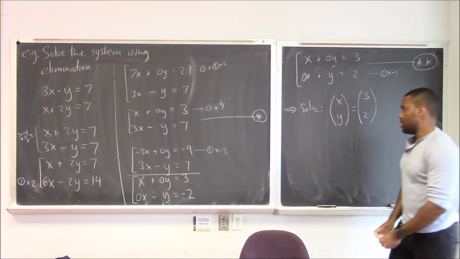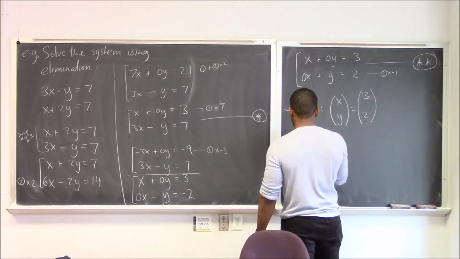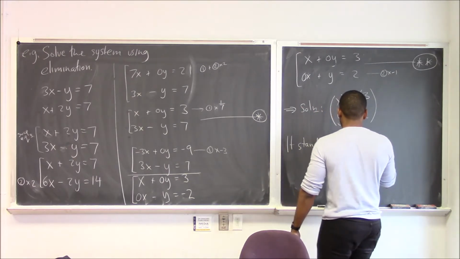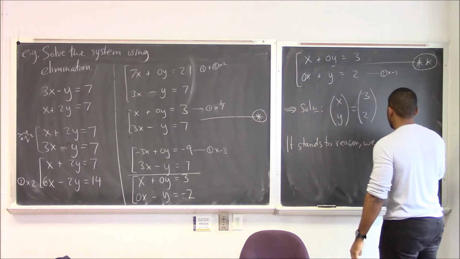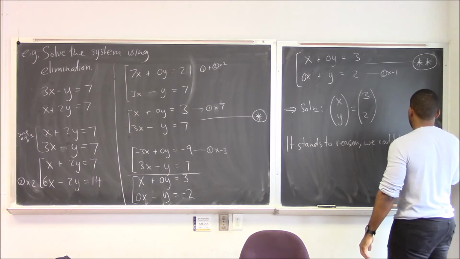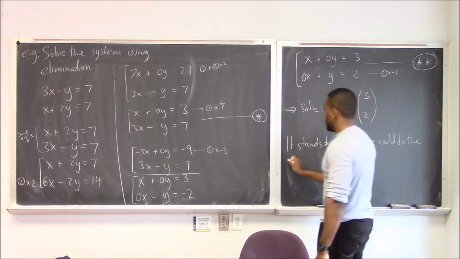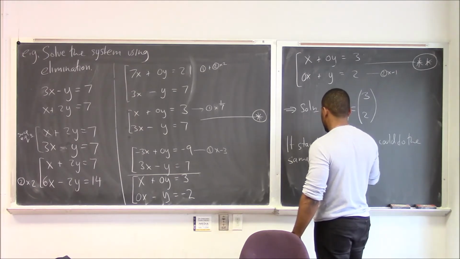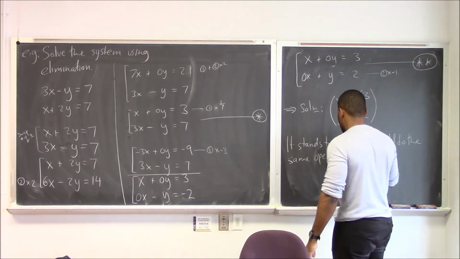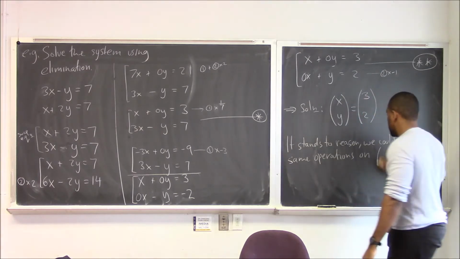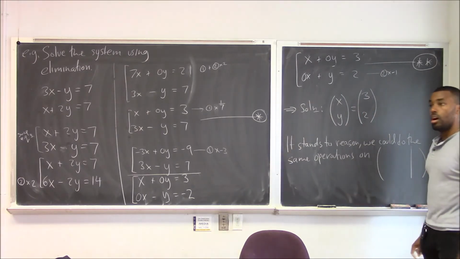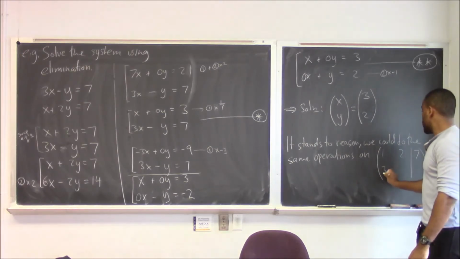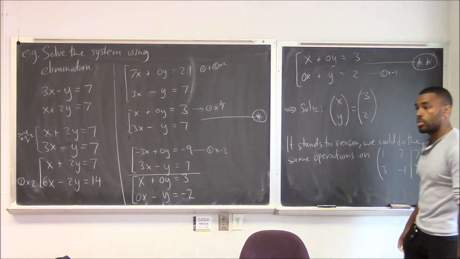It stands to reason we could do the same operations on, let's say, the augmented system, right? 1, 2, 7, 3, minus 1, 7.